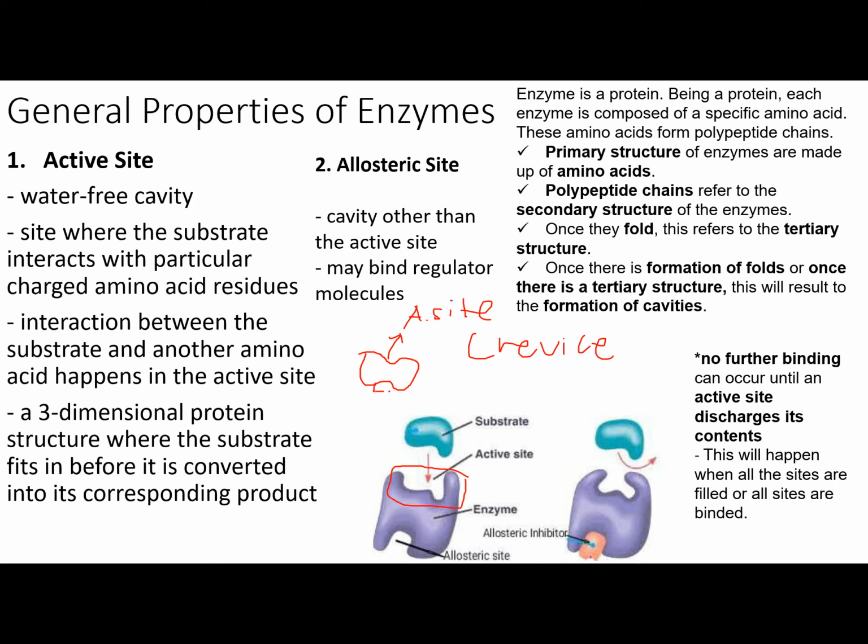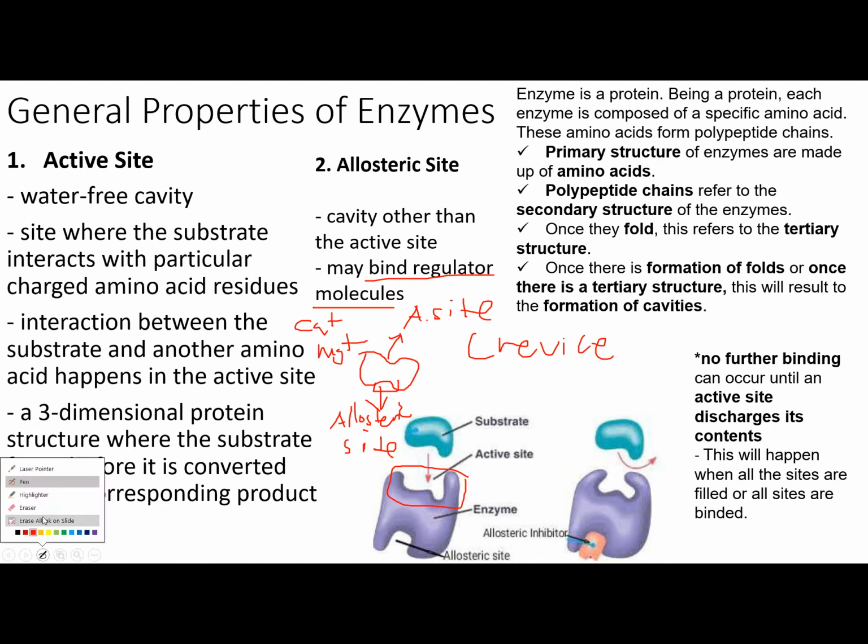Then the one here, the other site, this is the allosteric site. So this is a cavity other than the active site and may bind regulator molecules. An example of a regulator molecule class could be your calcium and your magnesium.